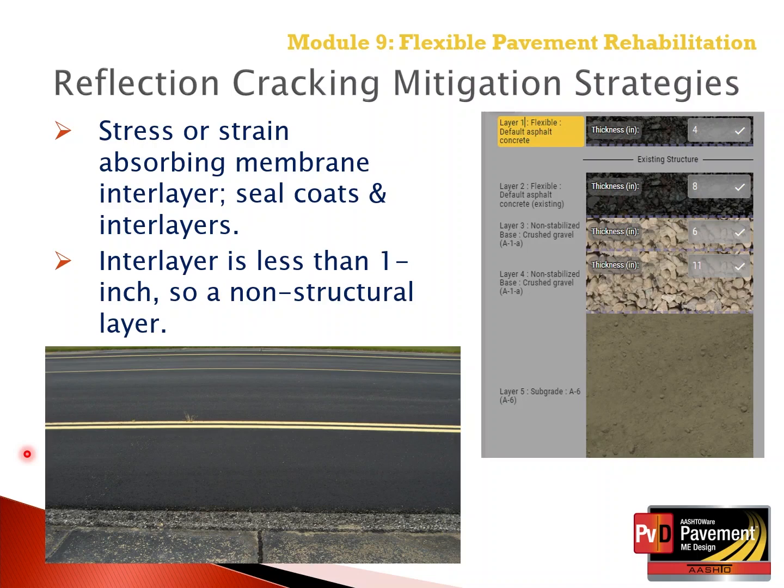As a result, it is strongly encouraged that local agencies that have experience with these interlayers include those in their local calibration process because some of the selected engineered interlayers can be effective and provide a definite benefit for mitigating reflection cracks through an asphalt overlay.